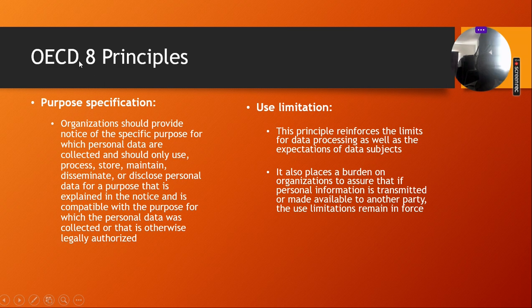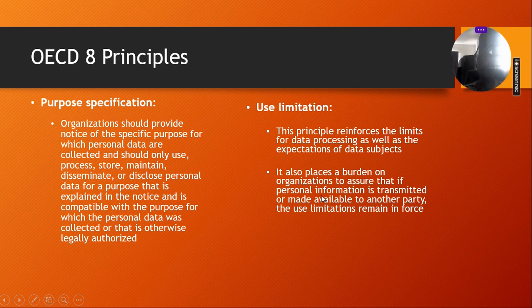Then number 4 of the OECD principles is use limitation. This principle reinforces the limit for data processing as well as the expectation of data subjects. It is the limit to which the organizations or agencies that collect this information can use it.